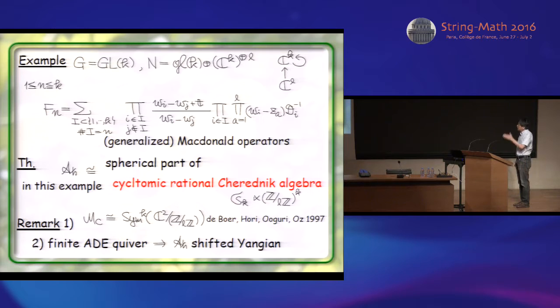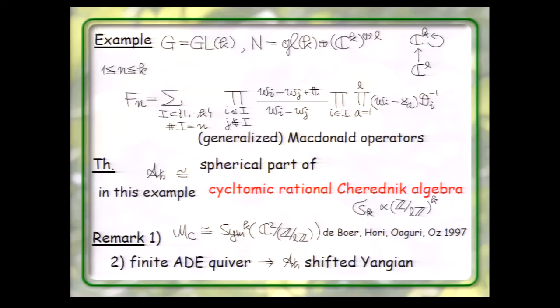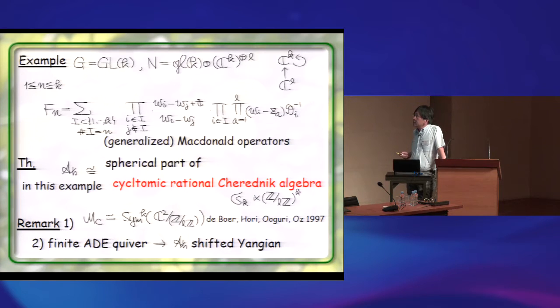The answer for the Coulomb branch has been known before, going back to 1997, the work of Bezrukavnikov and Etingof. This is the symmetric power of the type A quotient singularity. And the spherical part of the cyclotomic rational Cherednik algebra is a natural quantization of this space, which has been studied by various people.